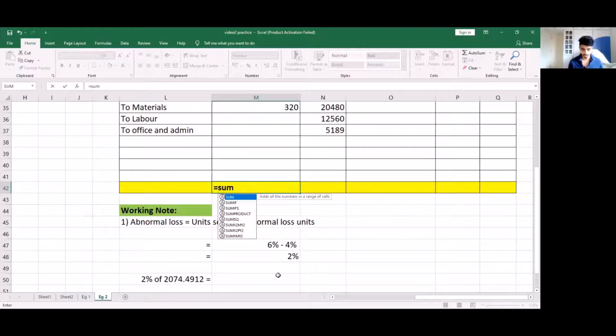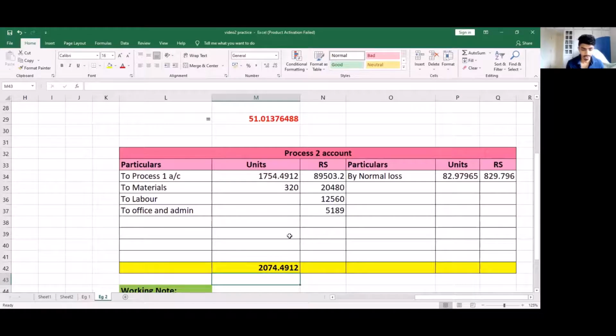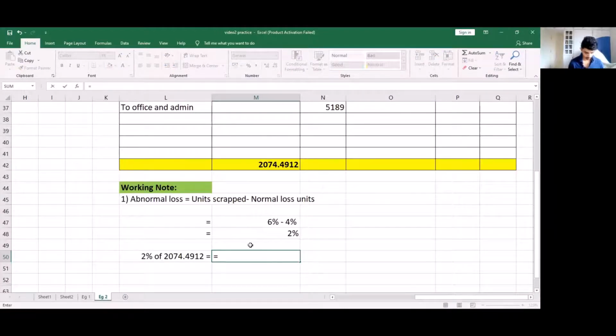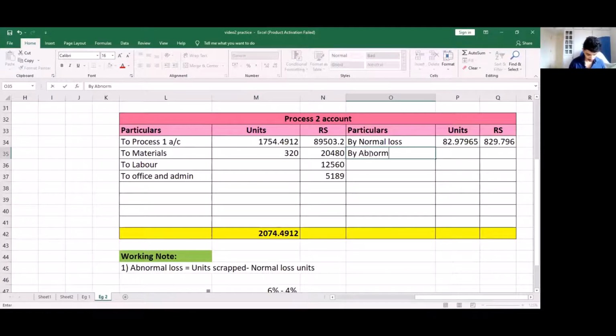So the sum of these two gives us 2074.49. So 2% of this is going to be 41.489. So this is our abnormal loss units. So let's write down the formula.